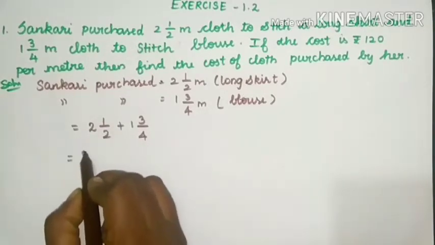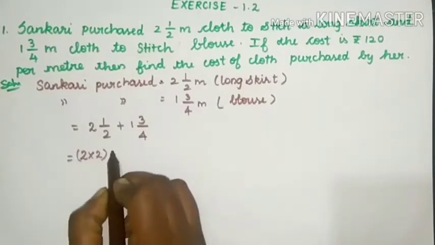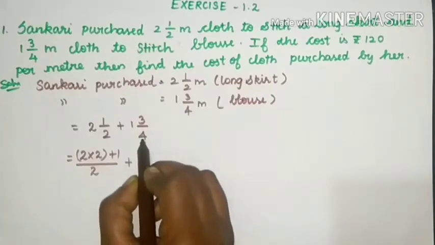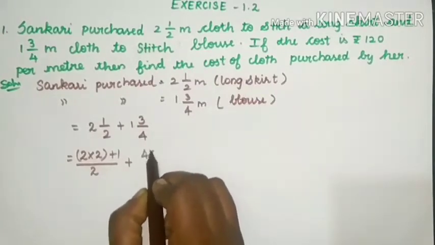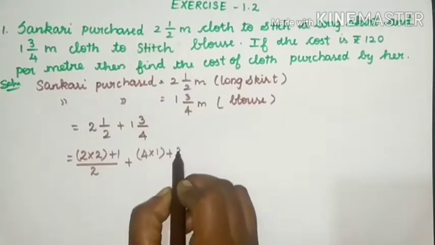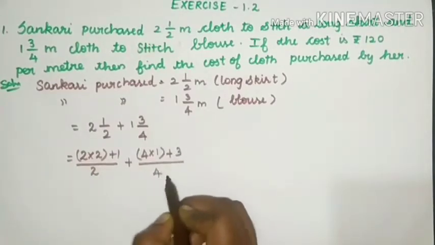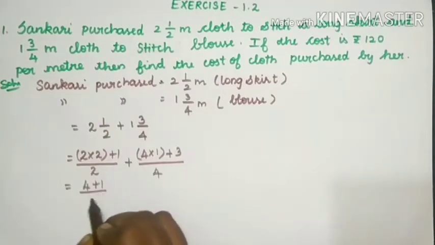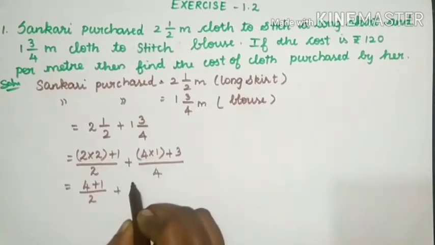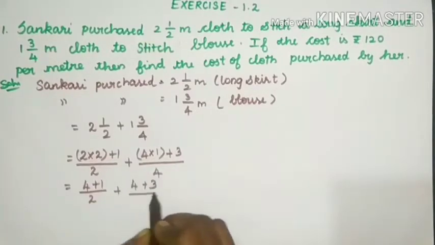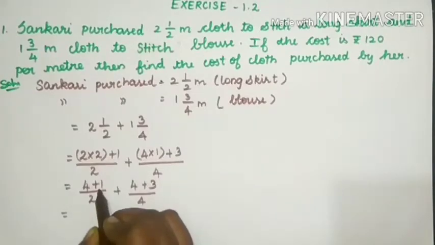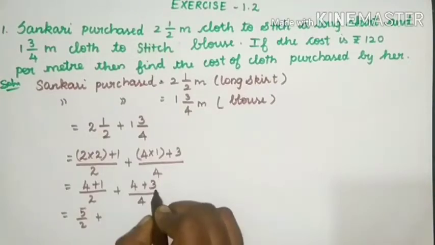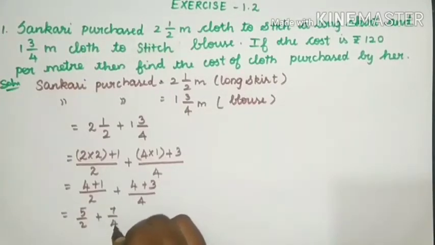See, 2 into 2 plus 1 divided by denominator 2, plus denominator into whole number, that is 4 into 1 plus numerator 3 divided by denominator 4. 2 2s are 4. 4 plus 1 divided by 2 plus 4 1s are 4 plus 3 divided by 4. 4 plus 1 is 5 by 2 plus 4 plus 3 is 7 by 4.